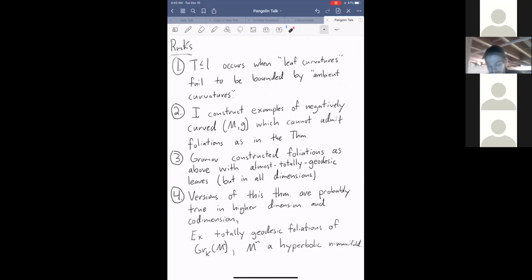I can't do it for every closed hyperbolic 3-manifold. I have to pass to a lot of finite covers, and there's probably a better way to do it than the approach that I had. But there certainly are negatively curved metrics on closed hyperbolic 3-manifolds to which there are foliations like I said in the theorem.